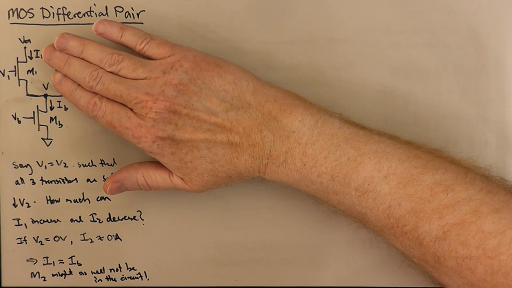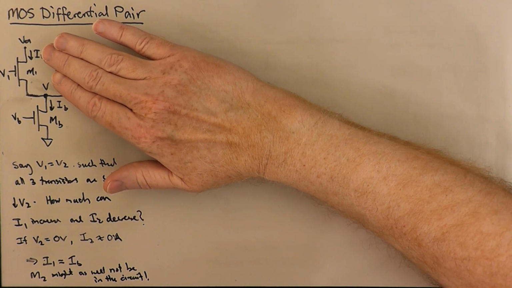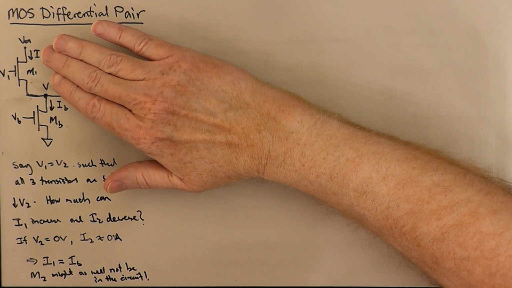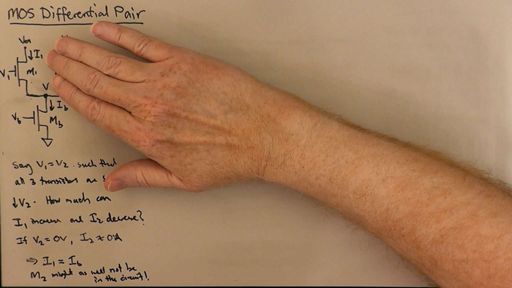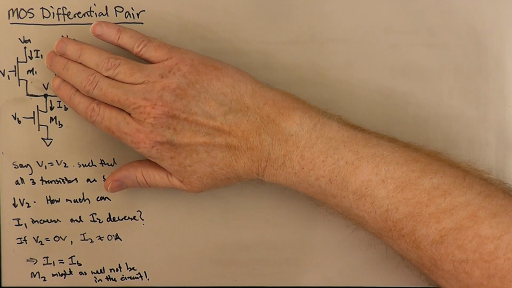But we have some idea of what this circuit is doing in terms of the behavior of the common source node at this point. So if all of IB is flowing in I1, then the circuit is basically a source follower with M1 as the source follower transistor and V1 as the input. So V1 is controlling what V does.